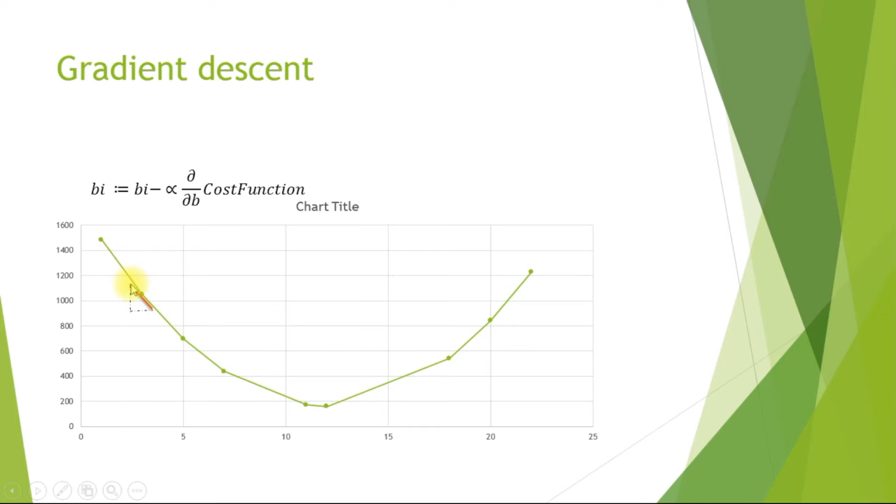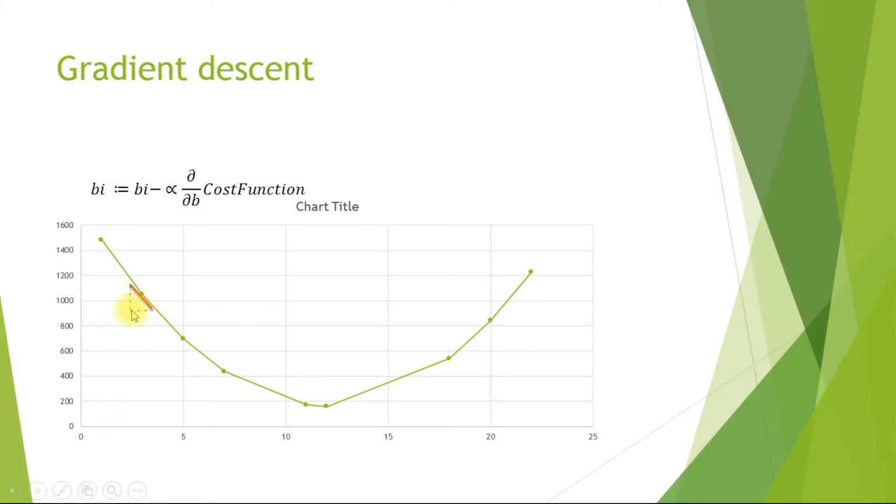First we find the slope, delta by delta b of the cost function. Once we have found the slope, we need to find the learning rate, that is the step we are taking towards the x-axis, from here to here. This value is the learning rate, and it is the step we take to descend down this curve.